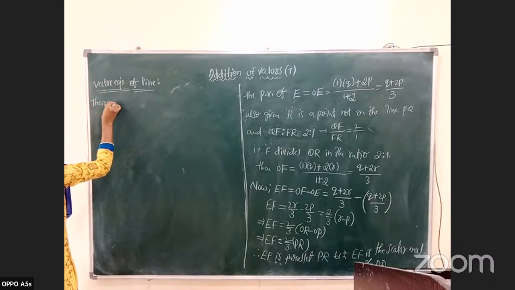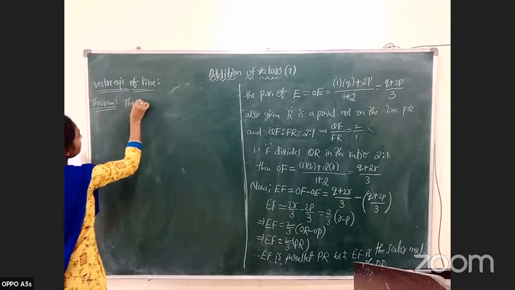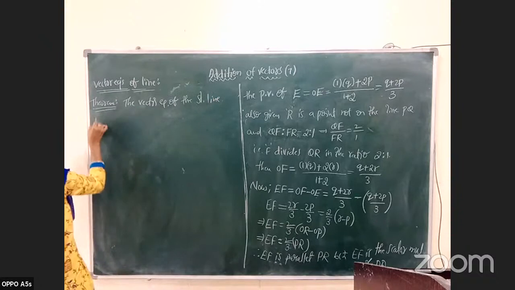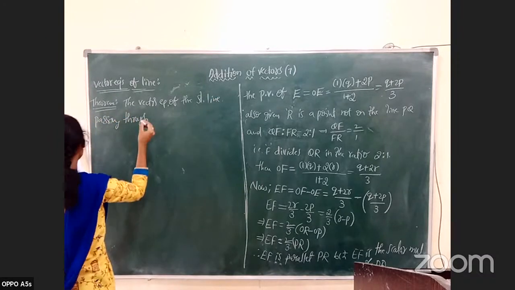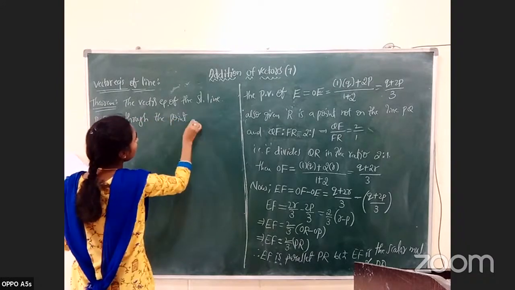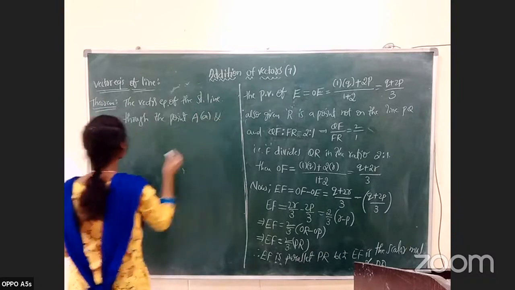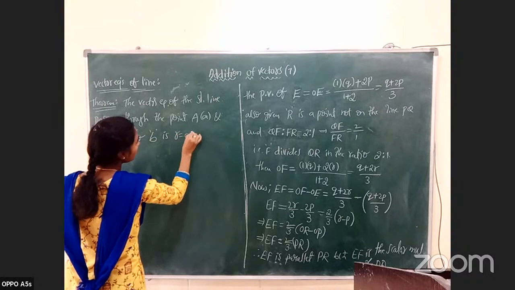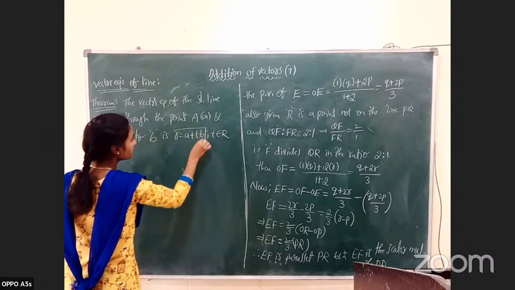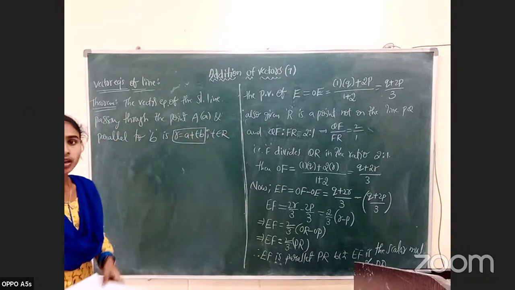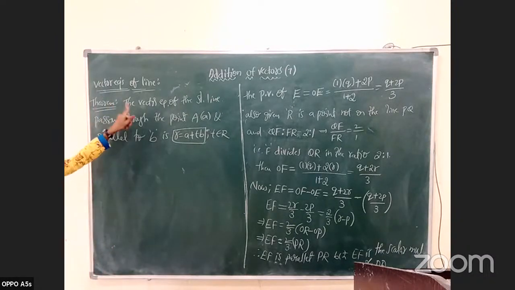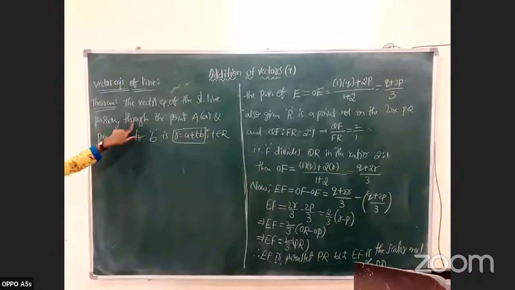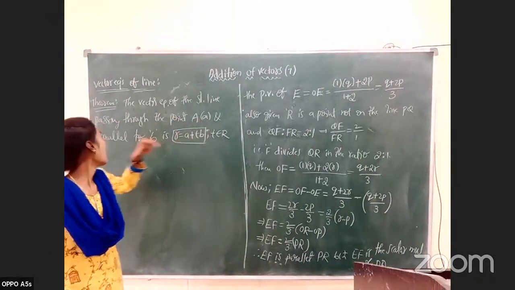The first theorem is: the vector equation of the straight line passing through the point A, with position vector a, and parallel to the vector b.